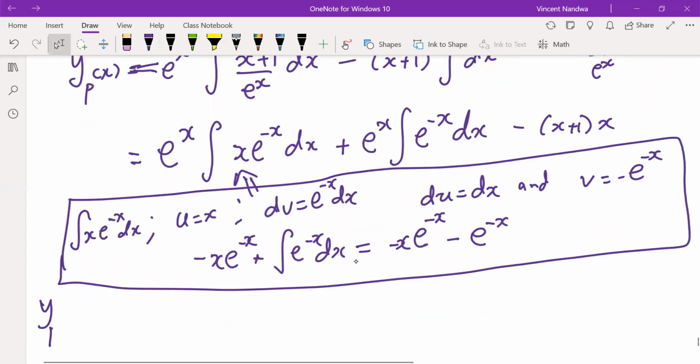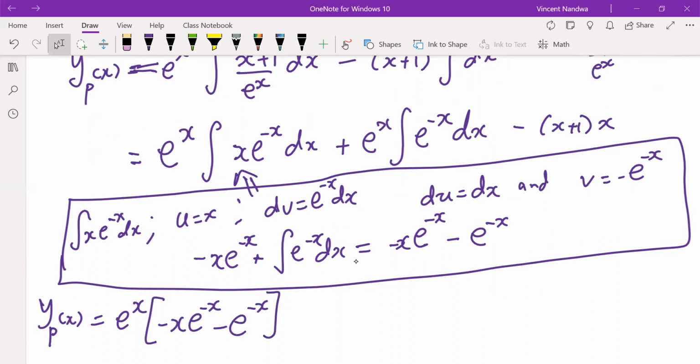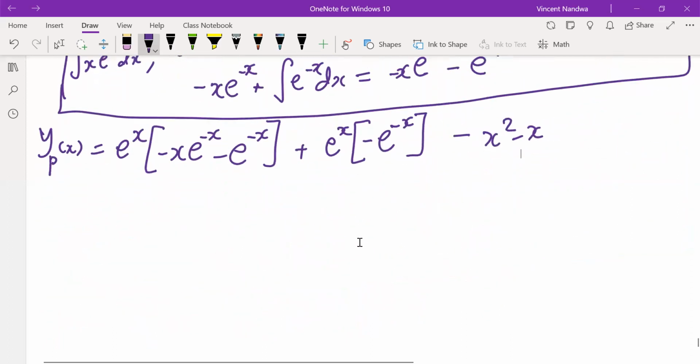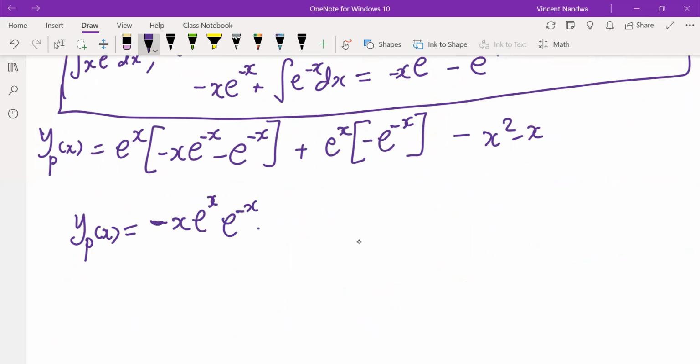So yp of x will be e raised power x into minus x e raised power minus x minus e raised power minus x plus e raised power x. This will give us negative e raised power minus x minus x squared minus x, opening the brackets here. So yp of x equals negative x times e raised power minus x minus e raised power x times e raised power minus x minus x squared minus x.